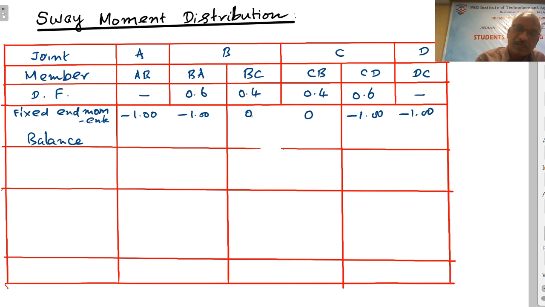We have to apply +1 for balancing, because this has to be made 0. +1 into 0.6 equal to 0.6. +1 into 0.4 equal to 0.4. So here again it is minus. So +1 into 0.4 equal to 0.4. +1 into 0.6 equal to 0.6. So this has to be applied like this. Then from here carry over.